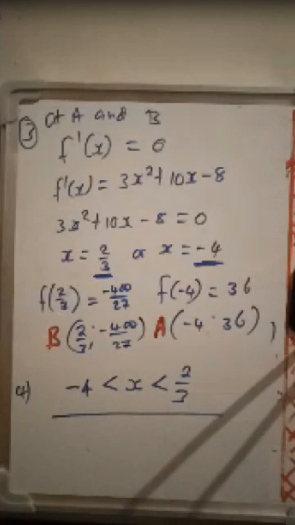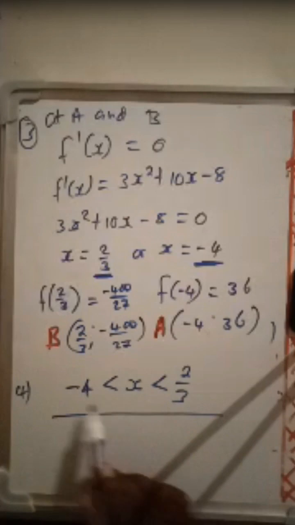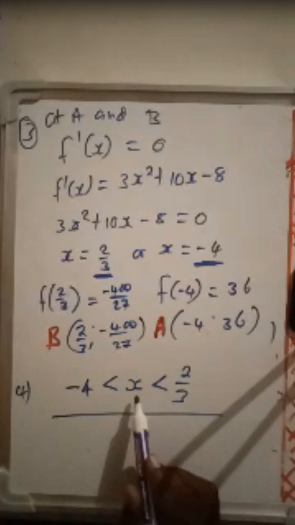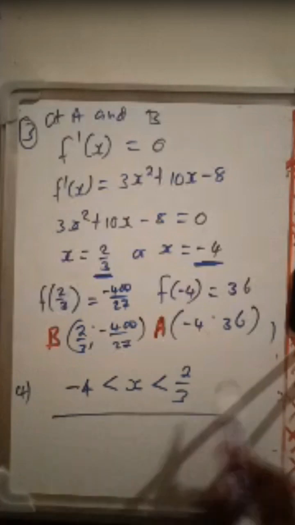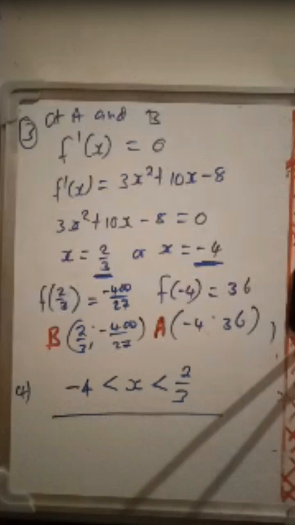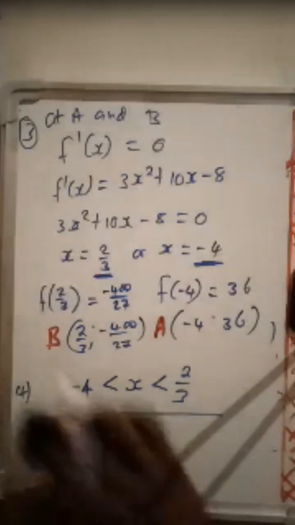So x is greater than negative 4, but less than 2 over 3. That is the region where it is decreasing. Okay, right? Now we go to number 5.